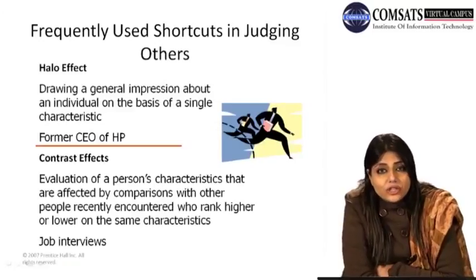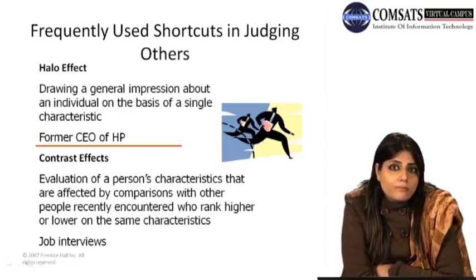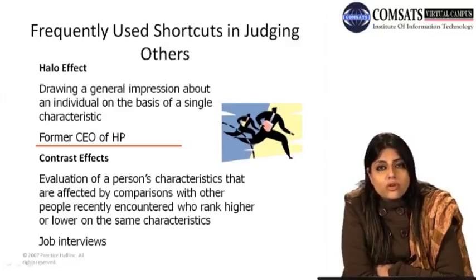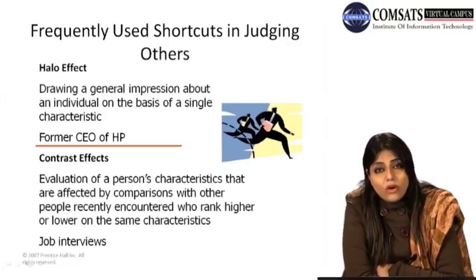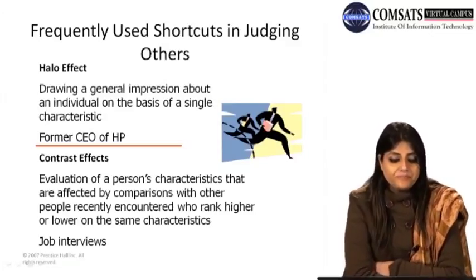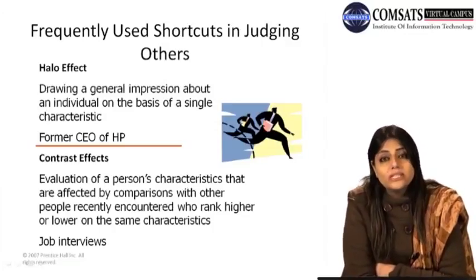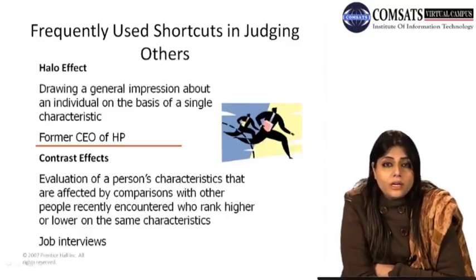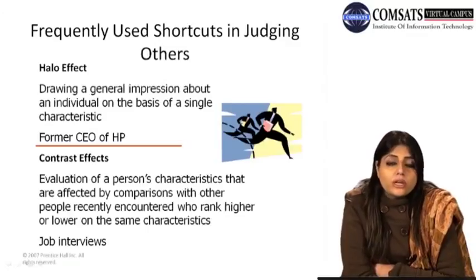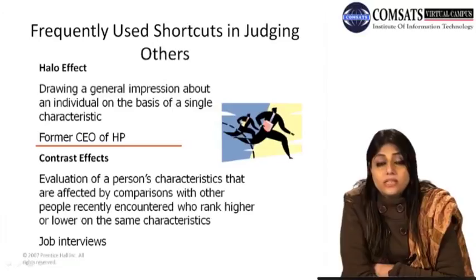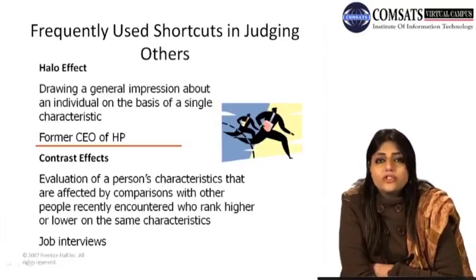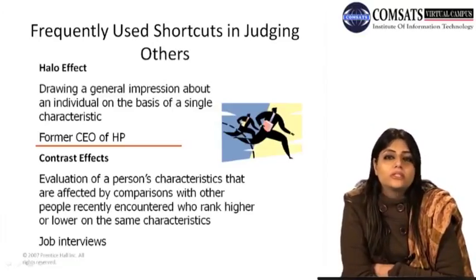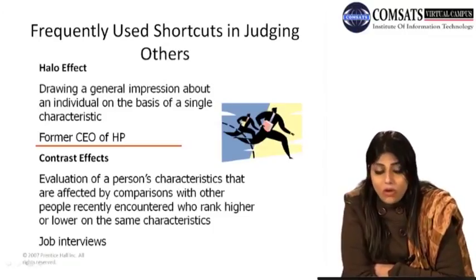Or if somebody is intelligent, we build our perceptions of the whole individual based on that one single characteristic. That is what happened with the former CEO of HP, who when hired was very heavily and very positively reported in the media and in the newspapers as being the smartest CEO of HP and the best you can have, or that a person can have. He has it all.